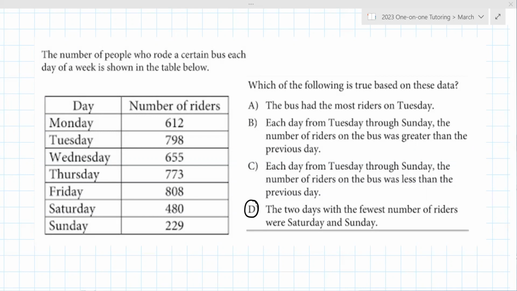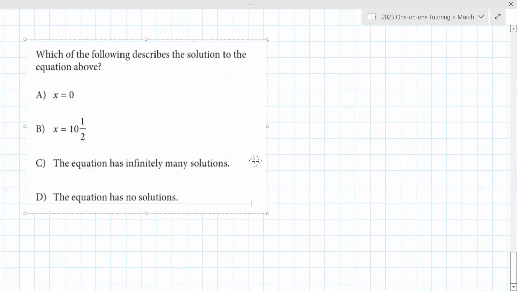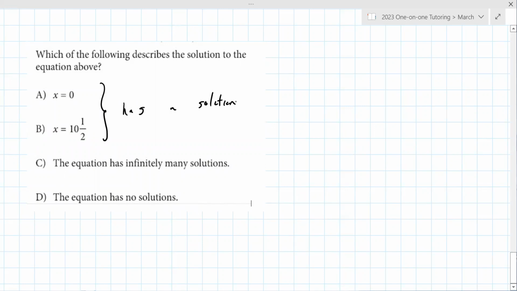All right, so let's do this again here. It says, which of the following describes the solution to the equation above, which I'm not giving you? X equals 0, X equals 10 and 1/2, the equation has infinitely many solutions, the equation has no solutions. Okay. What I see here is that the first two mean it has a solution, and that's where we actually have to solve it.